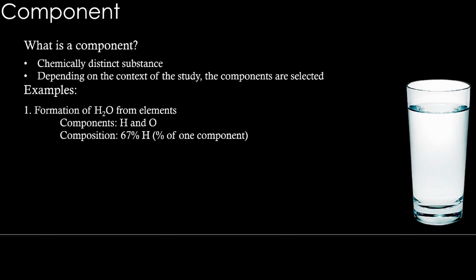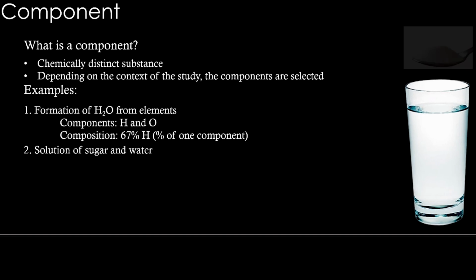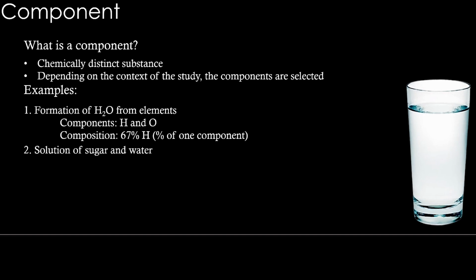When it comes to a solution of sugar and water, mixing one spoon of sugar in water and dissolving it, now this is the context of the study. The context is now changed. It's not formation of a compound anymore. It is dissolution of one substance in the other. So these substances, sugar and water, are the components now.